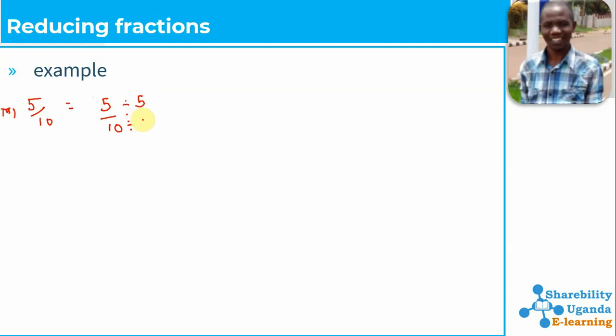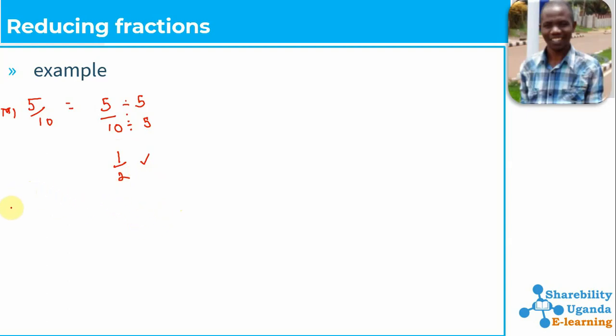Also 10 divided by 5. What do we get here? We get 1 out of 2. So here I've been able to get 1 out of 2. So this is now going to be our method that we can use to find it.